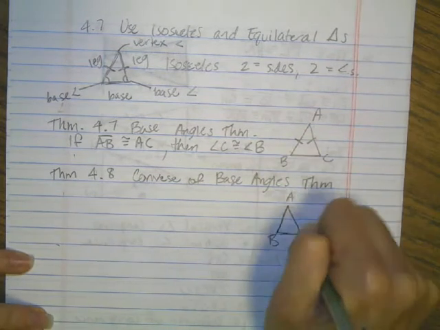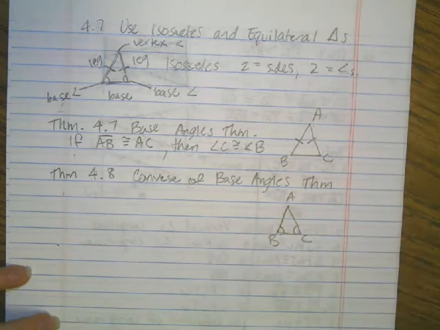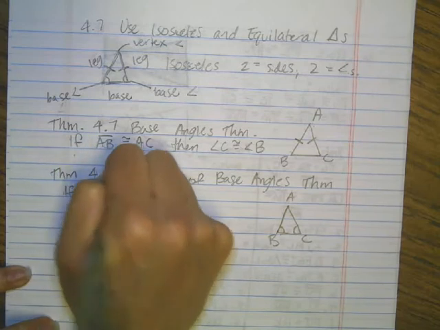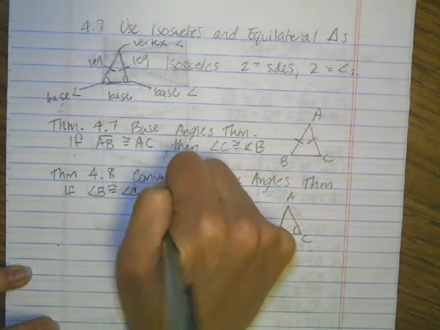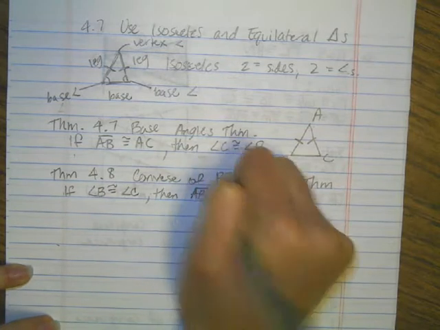So in this case, now we're starting with the angles, and we'll end up with the sides. So, if angle B is congruent to angle C, then AB is congruent to AC.